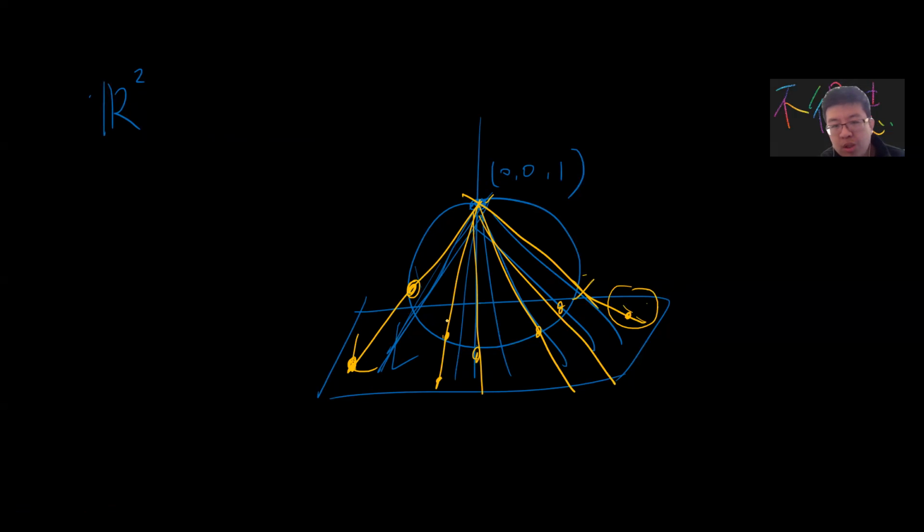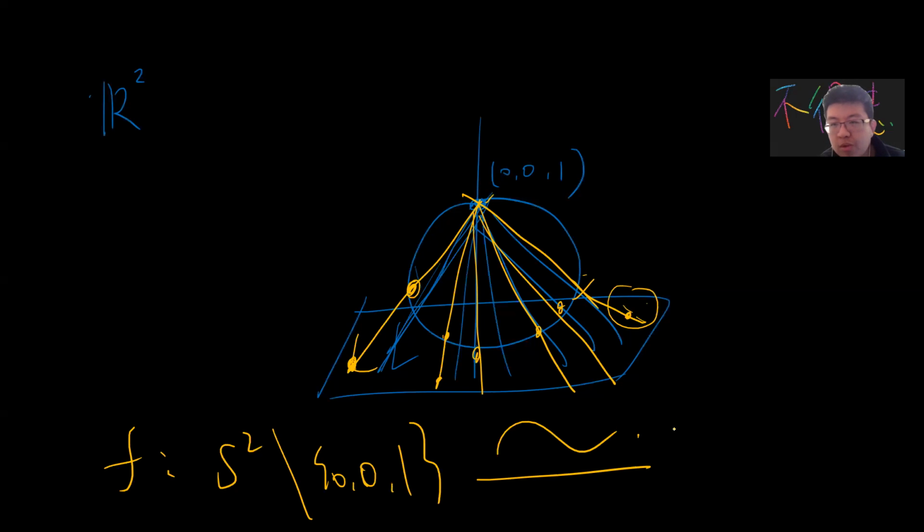So basically, this stereographic projection gives you a map from the sphere, except for this north pole, and gives you a homeomorphism to the plane. But this is also called a 1-point compactification.